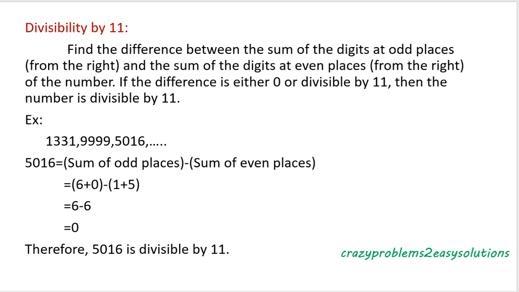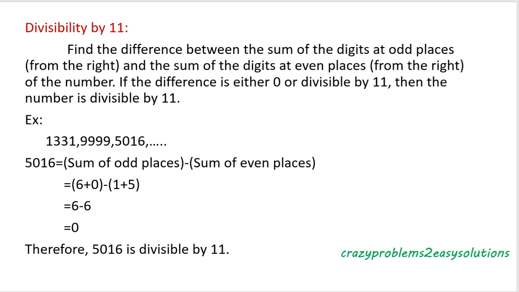If the difference is either 0 or divisible by 11, for example multiples of 11 like 22, 33, then the number is divisible by 11. Or else, if you get any other value, the number is not divisible by 11.